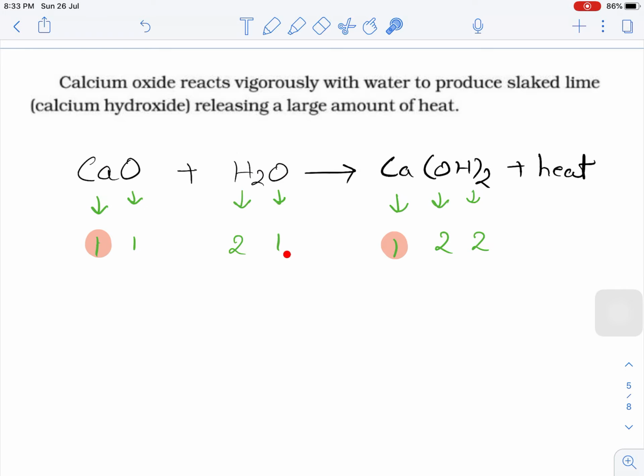So in total we have 2 oxygens. Do we have 2 oxygen here? Yes, so it is also balanced. Now here we have 2 hydrogen. Do we have 2 hydrogen here? Yes, so hydrogen is also balanced. So there is no need to make any changes.